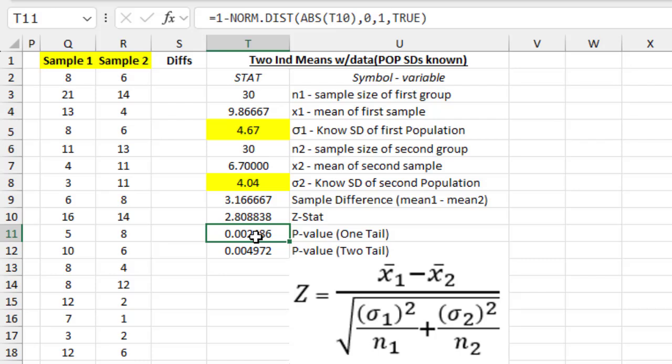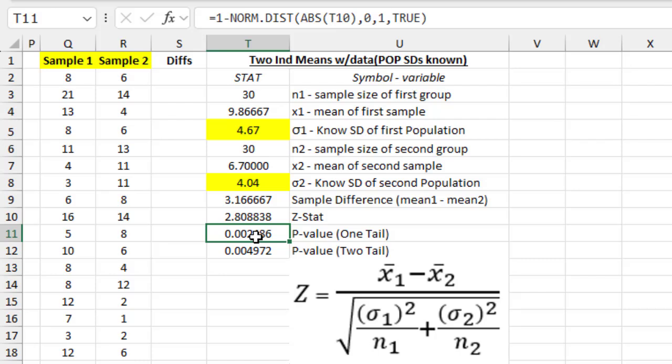So if we have a test statistic that is positive, on the high side, as we do in this case, then the norm.distribution function is going to give us the probability of being below that, and that's not what we want.